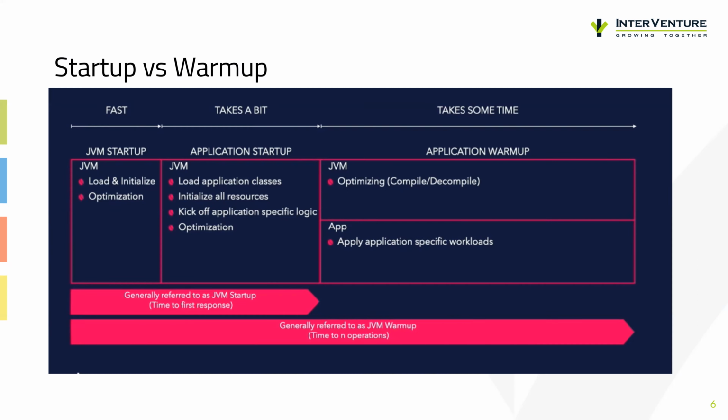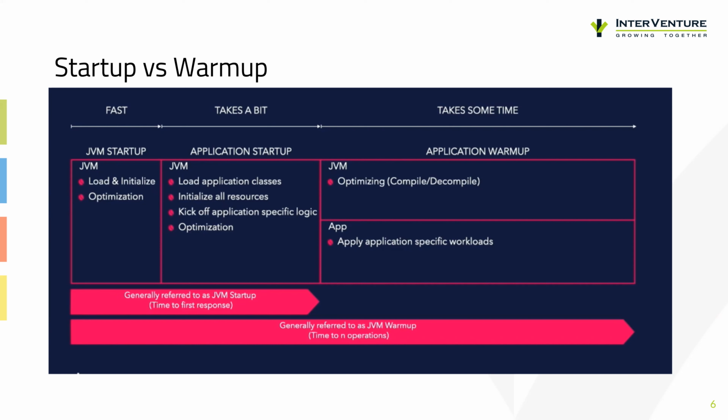The warm-up time is the time to reach peak performance, and it might range from several seconds or minutes, but can also go up to hours or even days. During that phase, the JVM optimizes code, as I previously mentioned.